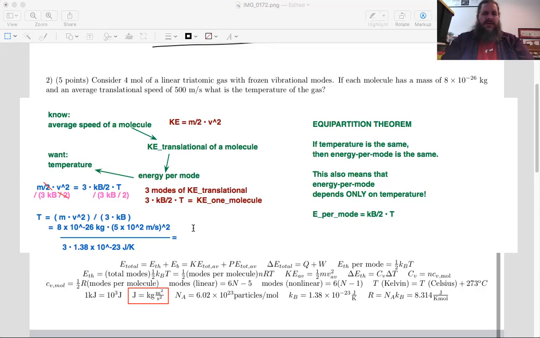And then in the denominator, we've got 3 times 1.38 times 10 to the negative 23rd joules per Kelvin. And as far as the units are concerned, what happens when we take joules and divide by joules per Kelvin?